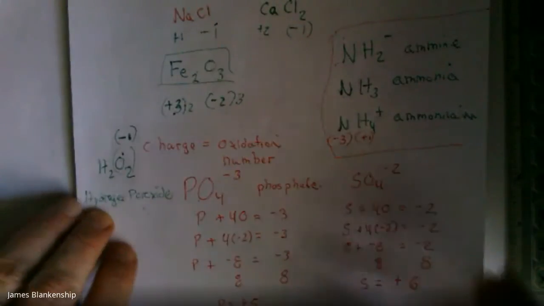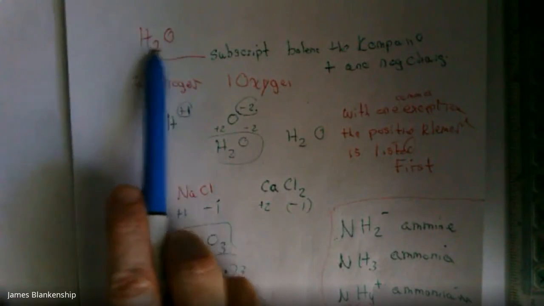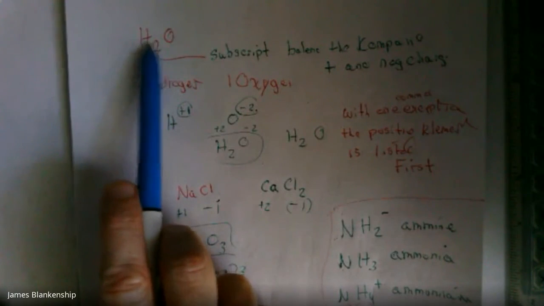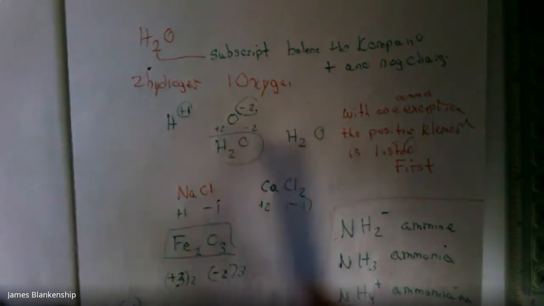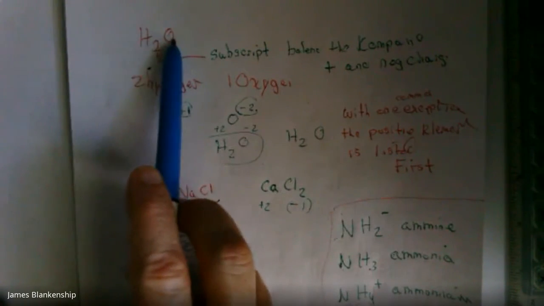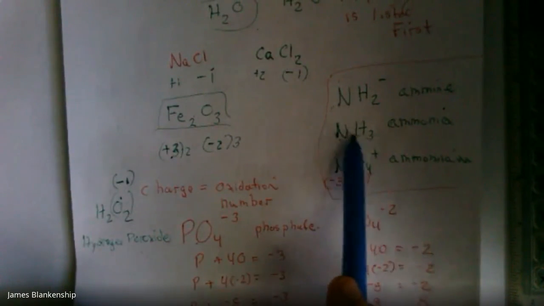And last, we talked about how our charges tell us what our subscripts are, and how our molecular formula balances. Remember, we said that oxygen makes 2 bonds, that's why there are 2 hydrogens there. Nitrogen makes 3 bonds, that's why there are 3 hydrogens there when it's balanced.